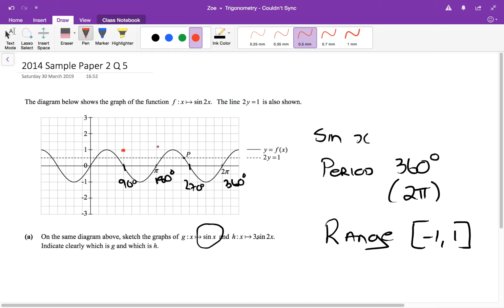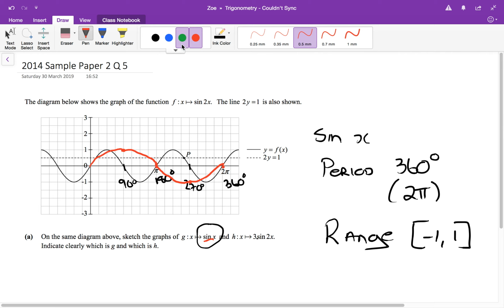If you go sine 180, you get 0. At 270, you're going to get -1, and then at 360 you're going to be back to 0. So the sine x graph goes to 1, and then 0, and then down to -1, and then up to 0. So that's the sine x graph.